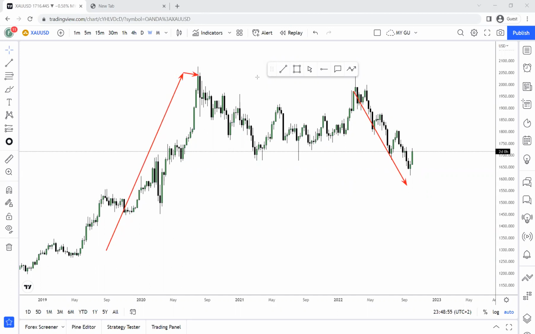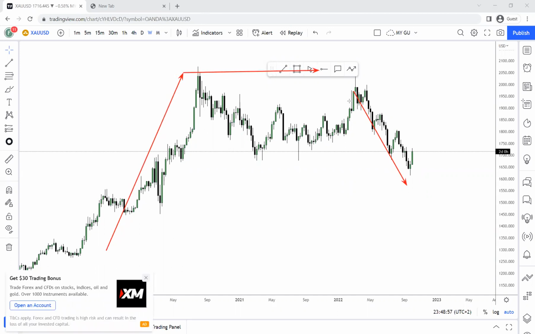It reached a high, and then it went down, and then it went to retest, and now market is moving down.